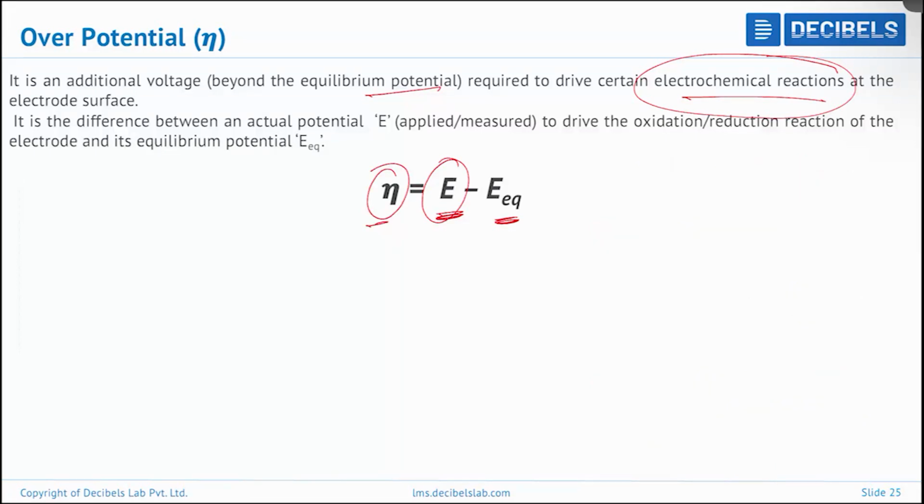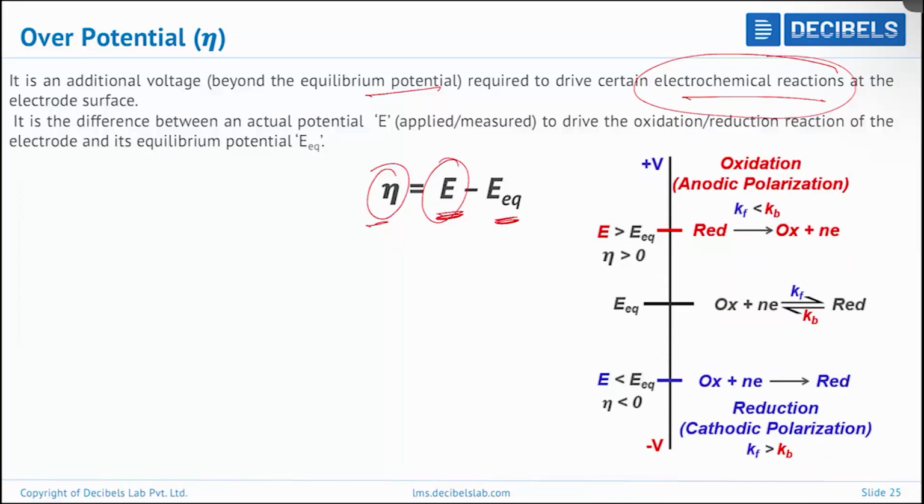So let us consider the reaction. The oxidized species can accept an electron and undergo reduction to the reduced species. This is the forward reaction. Kf is the forward reaction rate constant, and Kb is the backward rate constant.